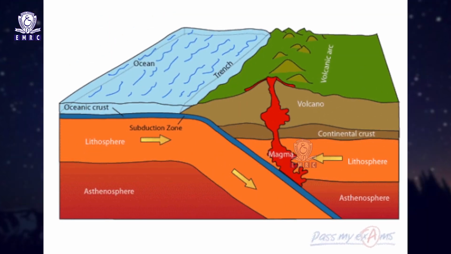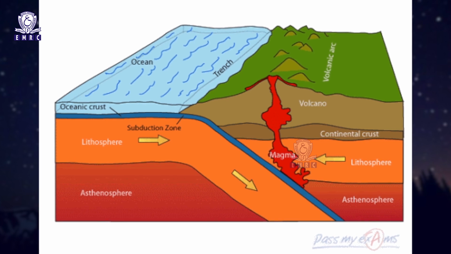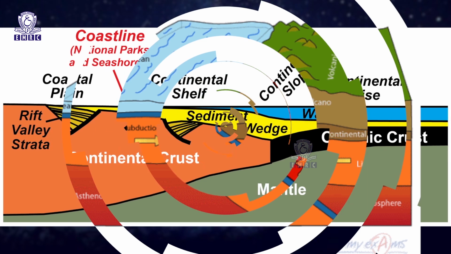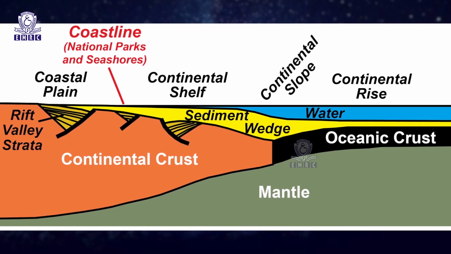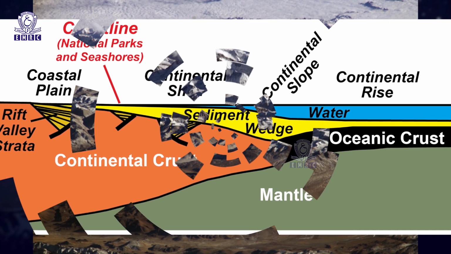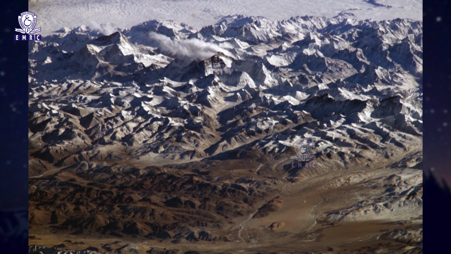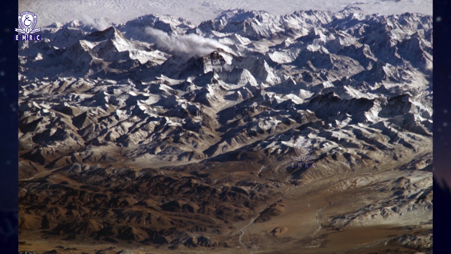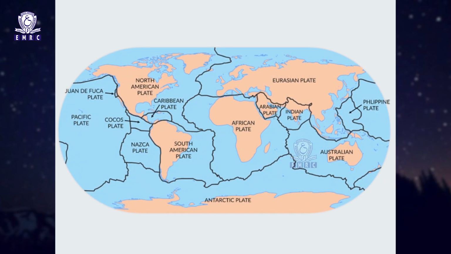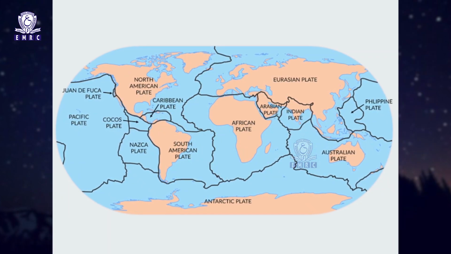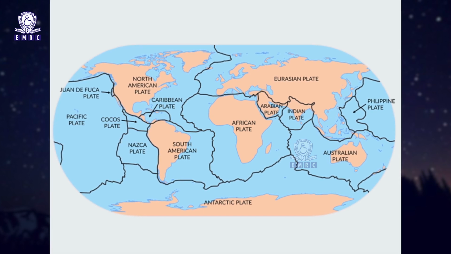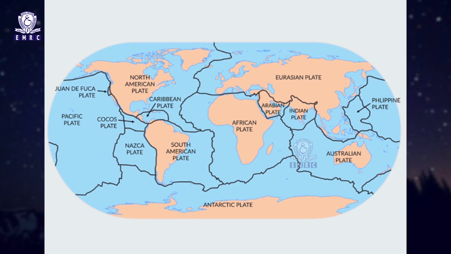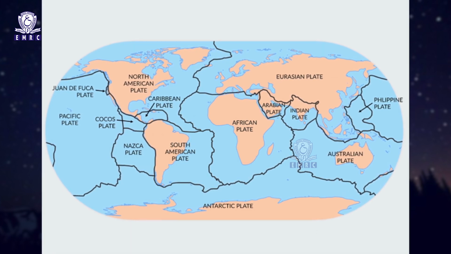When continental and oceanic plates converge, the geosynclinal sediments derived from the continent, which commonly occur along the continental margins, produce a mountain belt characterized by folding of sedimentary rocks. When there is a convergence of continental and oceanic plates, the oceanic plate, being heavier, is subducted below the continental plate.